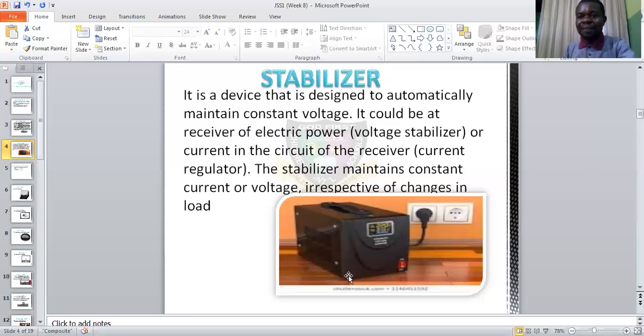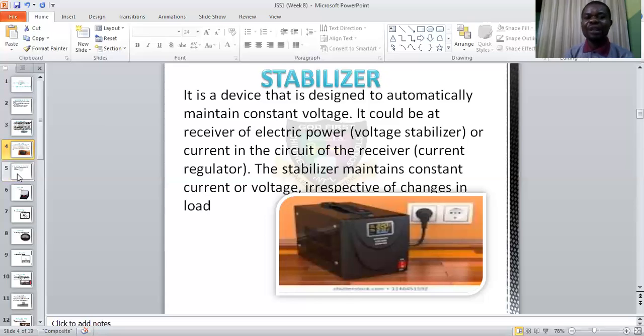At that time, your refrigerator is still off while the stabilizer is on, showing yellow. Until it enters the green, that is, there's satisfaction that this voltage is good enough for this refrigerator. Then the stabilizer shows green, and you see your refrigerator or appliance begin to work. That is for the stabilizer.